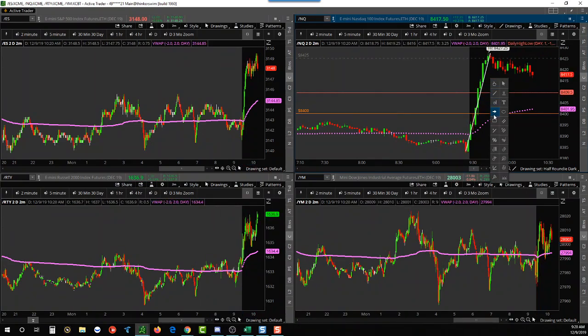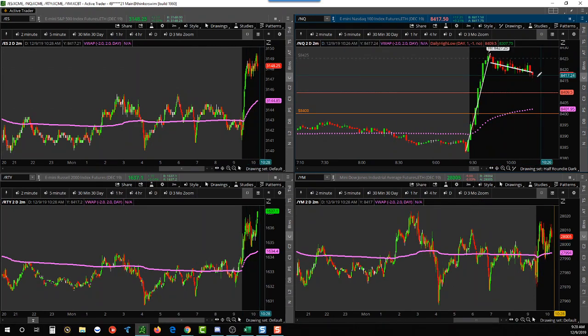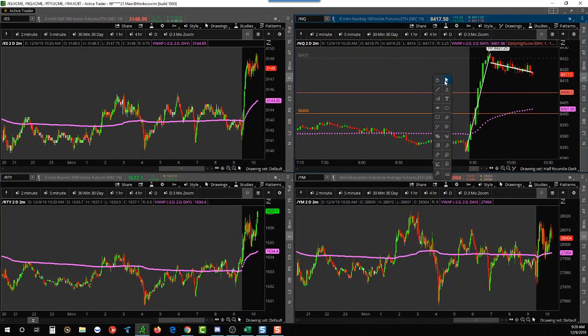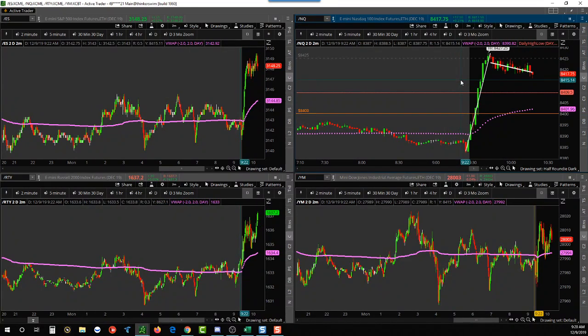The flag, seriously, way too long. Be looking at that roundy 84.15 to maintain support for a rally up.